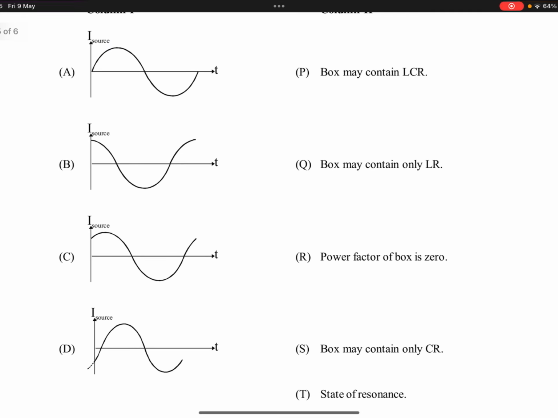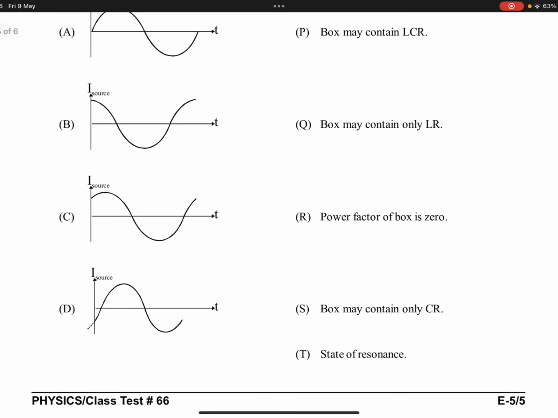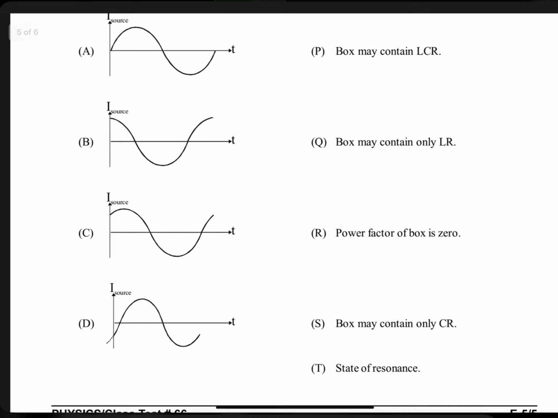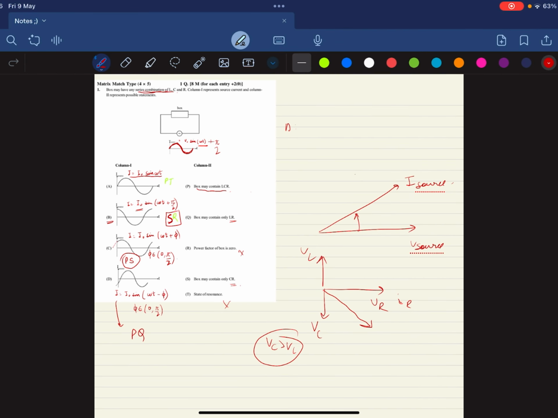B matched with only R and not S. This can also be correct, or it may be incorrect. Let me see my own answer key and verify. The paper was actually conducted on 11th of April.